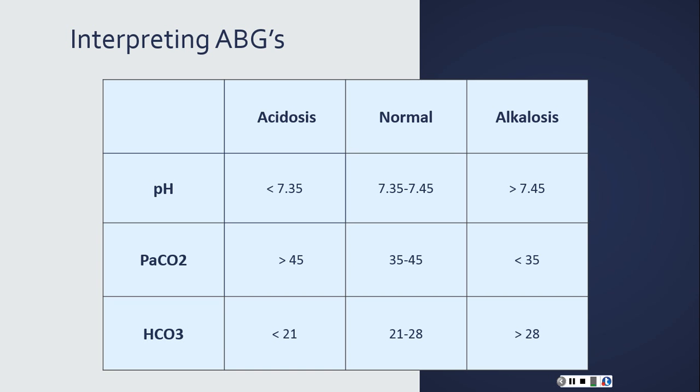Okay. So with this chart, this is the way I would recommend. This is probably the easiest way I've found students pick up how to interpret these ABGs. But let's say I give you some scenarios here.